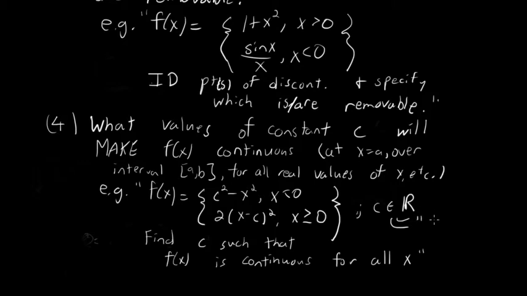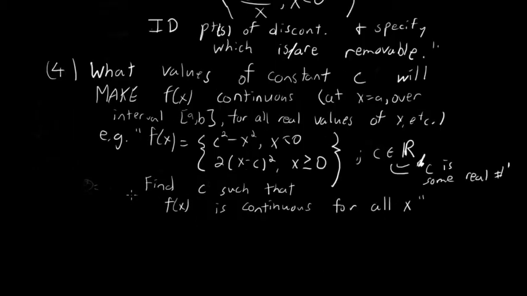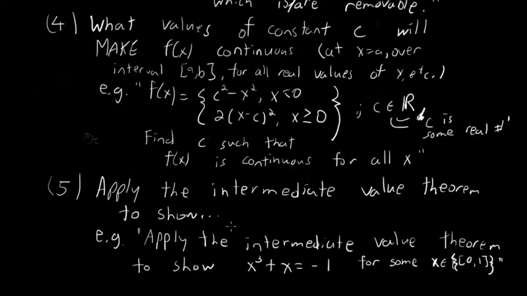So this is the same thing as saying c is some real number. Find c such that f of x is continuous for all values of x. And remember, if you have no idea how to go about this, we will be working this problem and others like it in future videos.